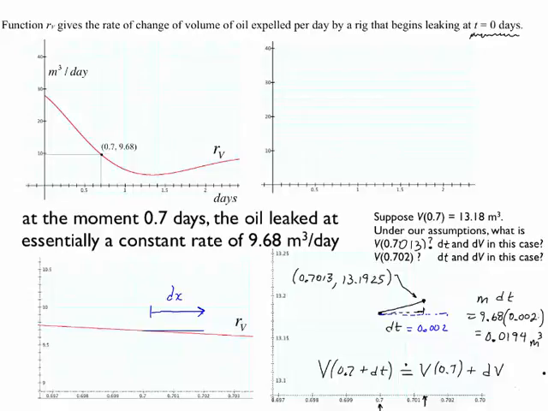So to get the new volume, we would do same thing we did before, right there. You're going to take the 13.18, which is the volume at 0.7 days, and add that little change. And you get 13.1994. So almost to the line.